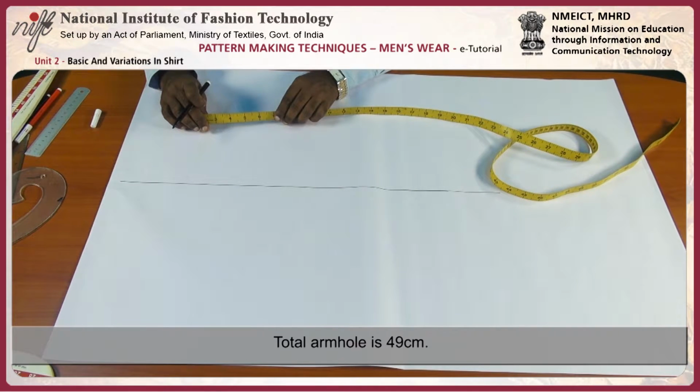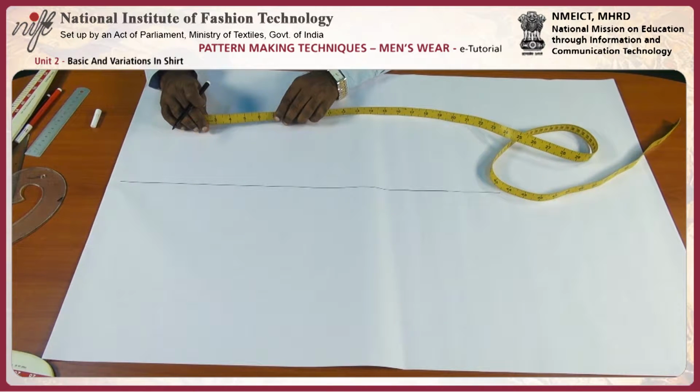Here the total armhole is 49 centimeter, divided by 2 will be 24.5, minus 3 centimeter is equal to 21.5 centimeter.